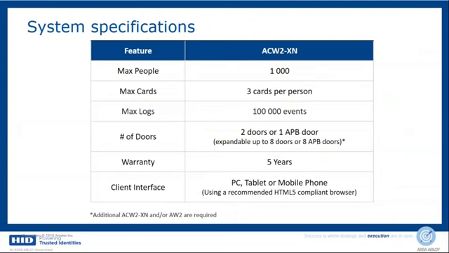The controller. These are the system specifications of the controller, as we saw before. As we saw in the past, the max quantity of people that we can have inside our controller is 1,000. But to each person that is already inside, you can add up to 3 credentials.